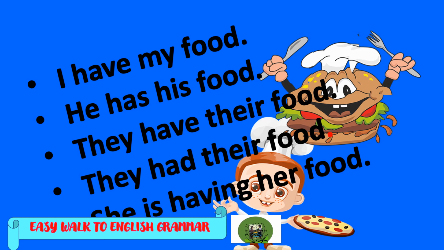In other words, we can say we used the present participle form of have. I hope you understood by the time how we can use have and its forms to speak about eating food.